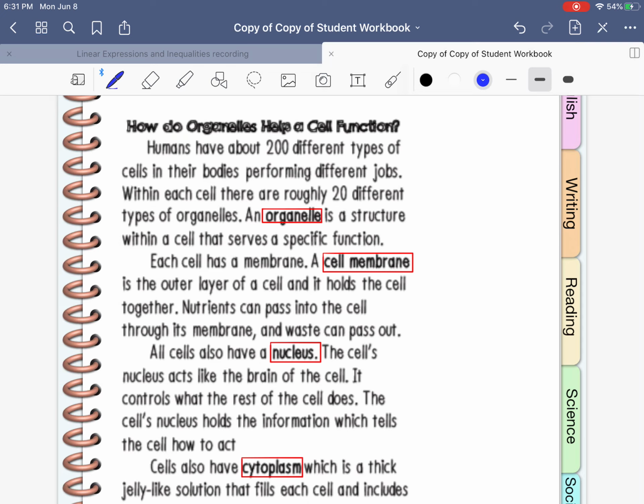Humans have about 200 different types of cells in their bodies performing different jobs. Within each cell, there are roughly 20 different types of organelles. An organelle is a structure within a cell that serves a specific function.